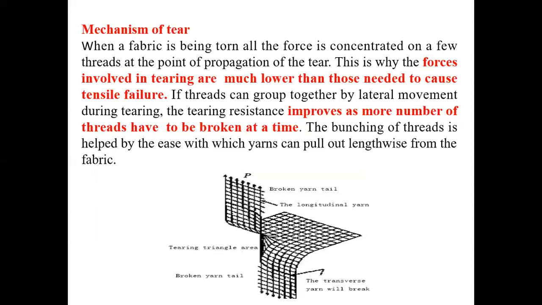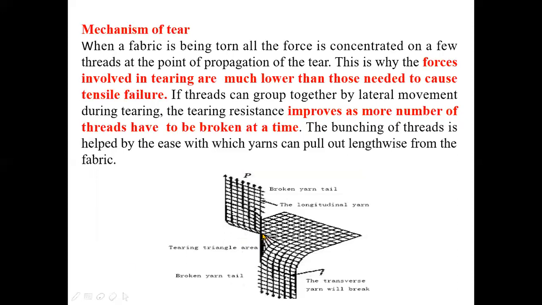That means if there is one yarn in the direction of the propagation, that yarn can be easily broken. But if there are more yarns, or the yarns are in a group, then more and more force will be required. That means the tearing force will depend on how many yarns are accumulated in this triangle. The higher the number of yarns, the more will be the tearing force.